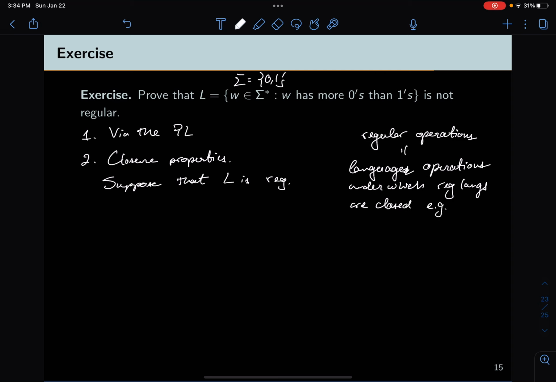This is not a standard term. For example, the intersection: if R1 is a regular language and R2 is a regular language, the intersection gives you another regular language.